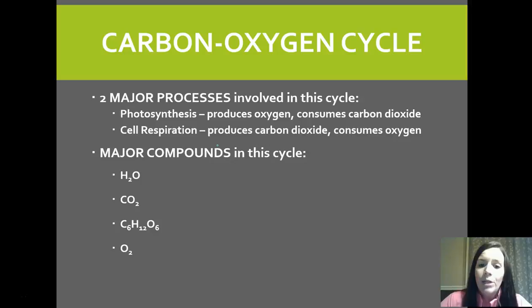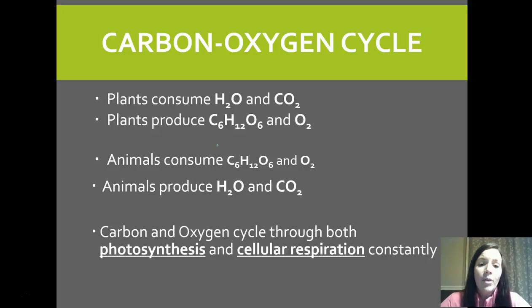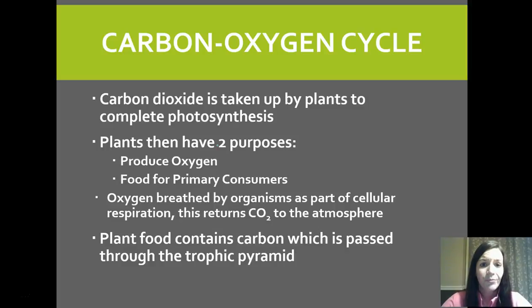So there's four major compounds in this cycle. You have water, carbon dioxide, glucose, and oxygen, and these are constantly cycling with each other. So the plants, like we talked about, they consume water, carbon dioxide, they produce sugar in the form of glucose and oxygen. Animals do the opposite, and this is constantly cycling during this cycle.